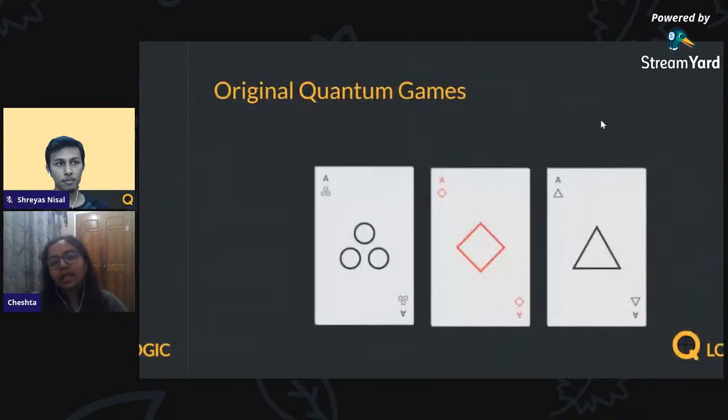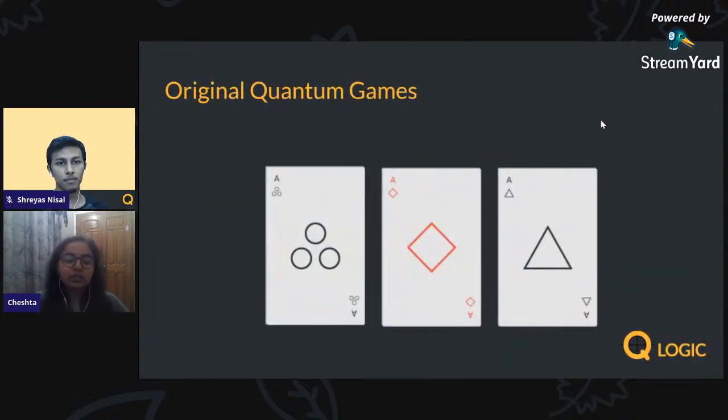The second way I can think of is to pick up a quantum property and build up a game around it. Like, I have a game here. We know qubits can be in different states. Let's say we have three different states: 0 plus 1, 0, and 0 minus 1.